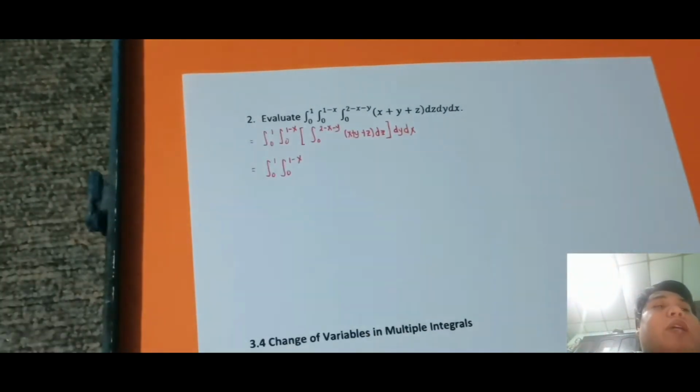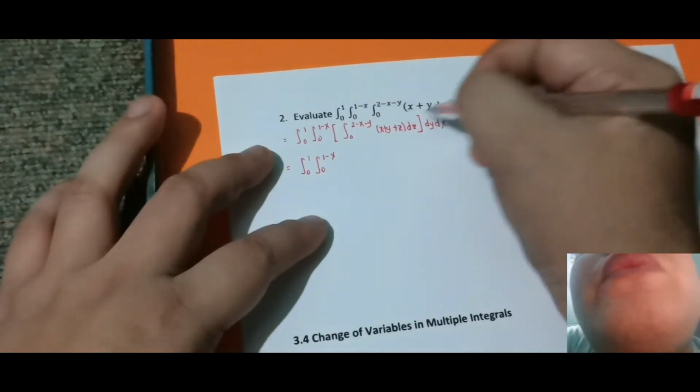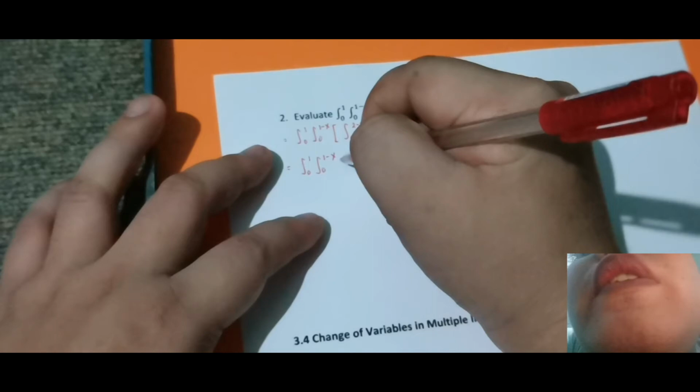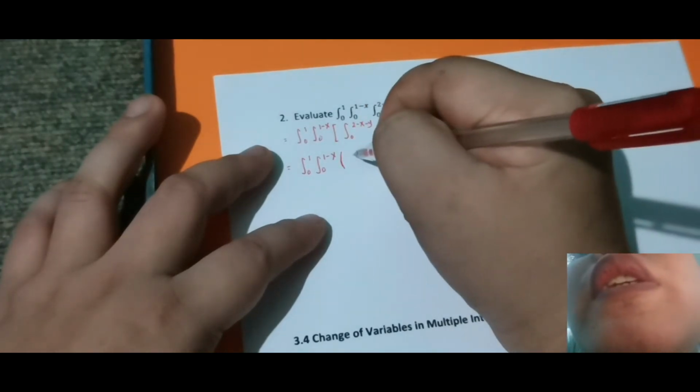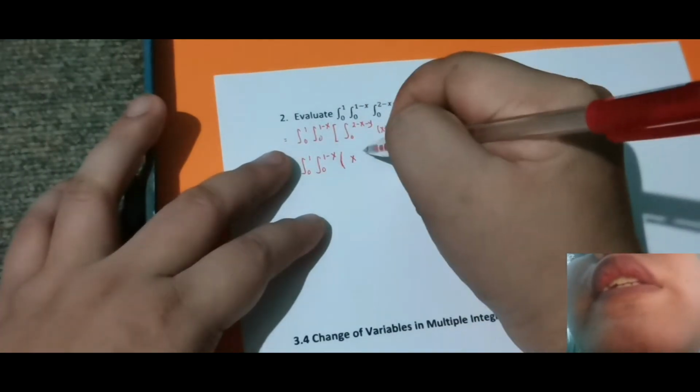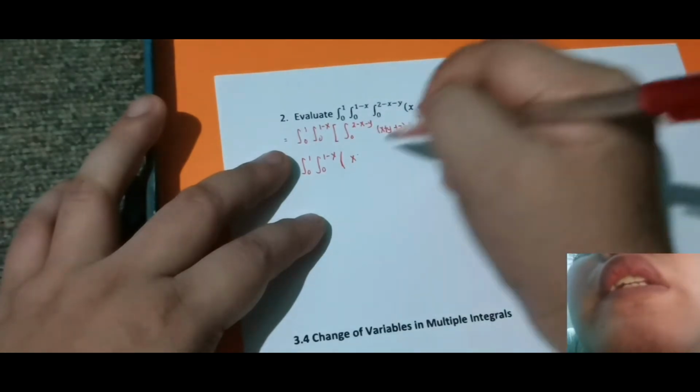So, since x and y ay magiging constant, this is just integral nila is just xy or something na xy, xz, then or something na ano ba yun? xy plus yz. Sorry, lagay ko dito. So, this is just xz, sorry.